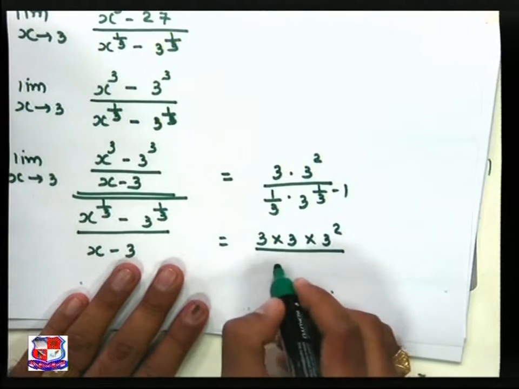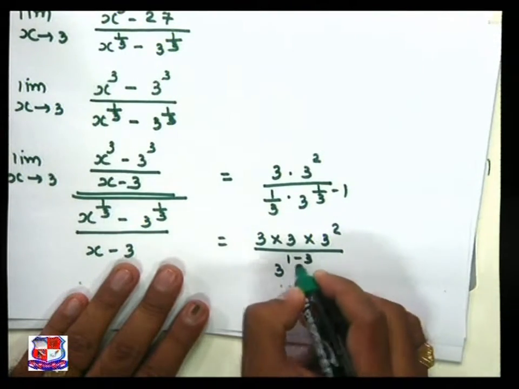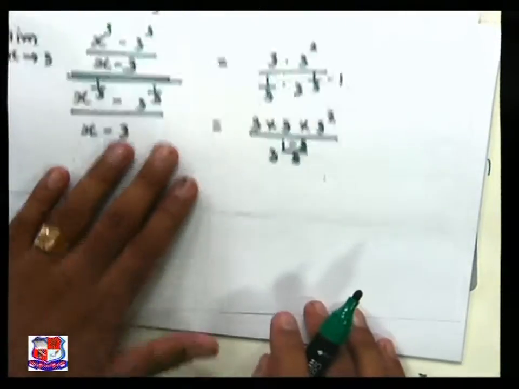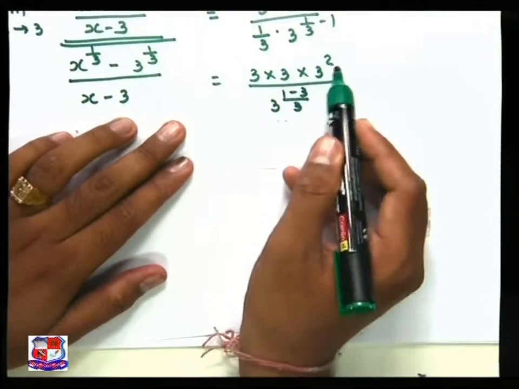Divided by 3. Simplify 1 minus 3 divided by 3. So again we want to simplify this term, that is 3 into 3 into 3 squared.